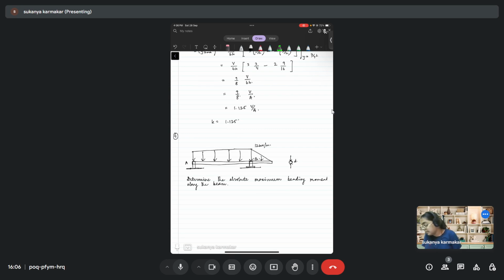Then, if the diameter of the rod is 90 mm, you have to determine the absolute maximum bending stress in the beam.